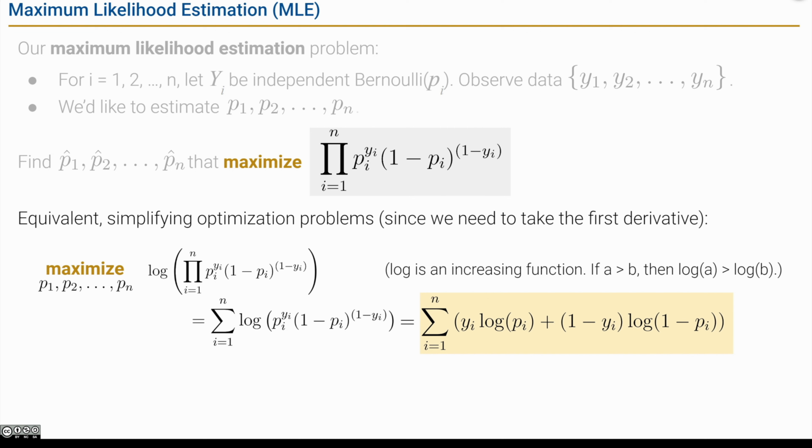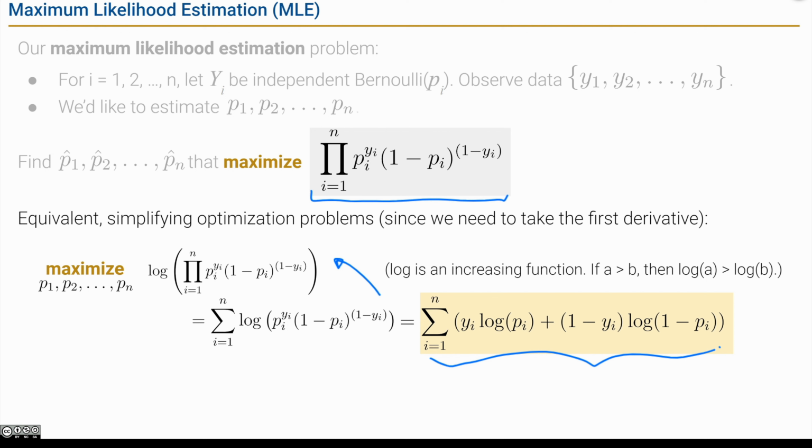This is just saying that the maximum of this quantity will occur at the same p-values as the maximum of the log of this quantity, and the log is much easier to work with because it allows me to break up products into sums, and sums are much easier to handle when you're doing maximization. So these are just a few log tricks that get us to this form. This is equivalent to this, and I'm going to try to maximize this now.